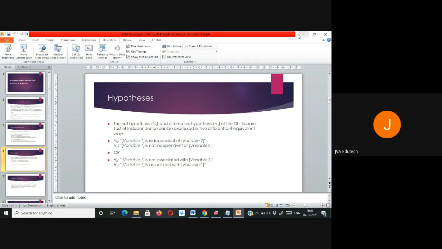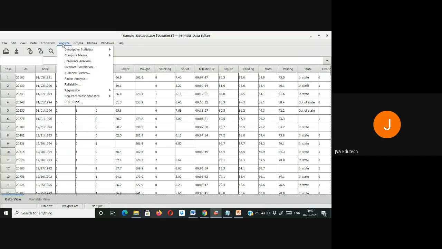Now go for the chi-square test. Since we have categorical variables and we have to test the association, we will go for the chi-square test. So analyze, you will see chi-square, where is it? Yes, cross tabs. Since the chi-square statistic is based on cross tabulation, go for the cross tabs.